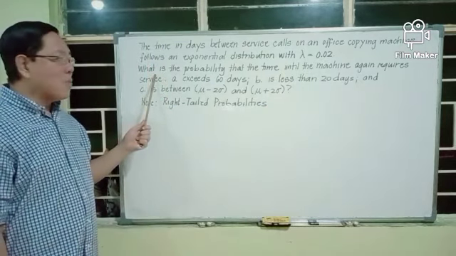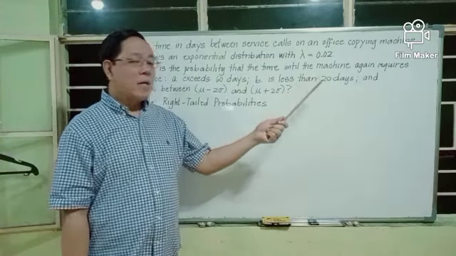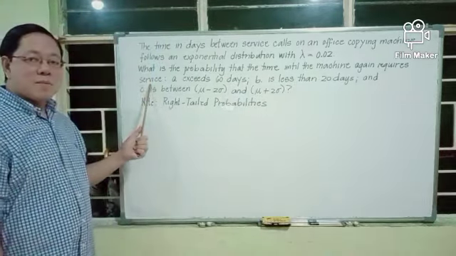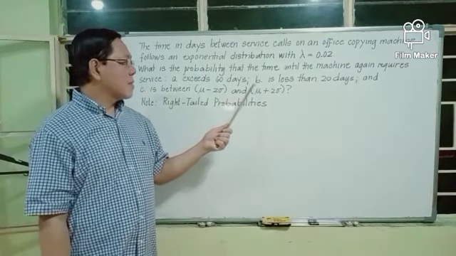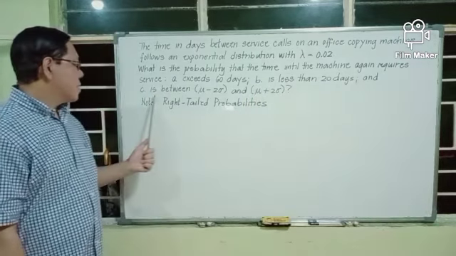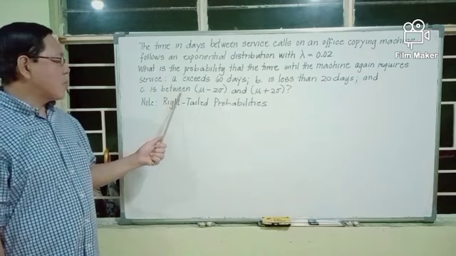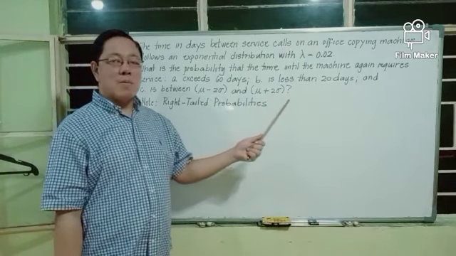What is the probability that the time until the machine again requires service A exceeds 60 days, B is less than 20 days, and C is between mu minus 2 sigma and mu plus 2 sigma?